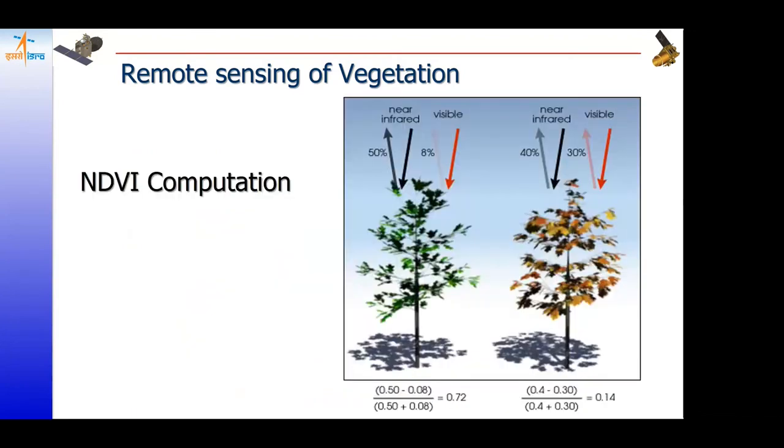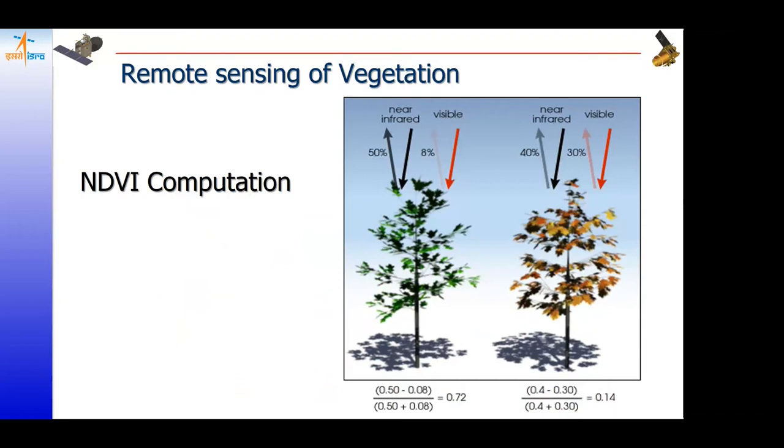Here is a practical illustration of how the variations actually occur in the near infrared band and visible band, specifically the red band. The figure shows healthy vegetation in green color, which is full of chlorophyll, while senescent vegetation is slightly yellowish to orange in color representation.